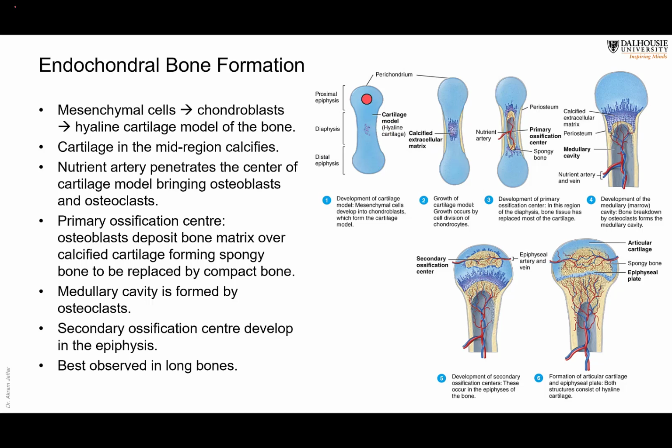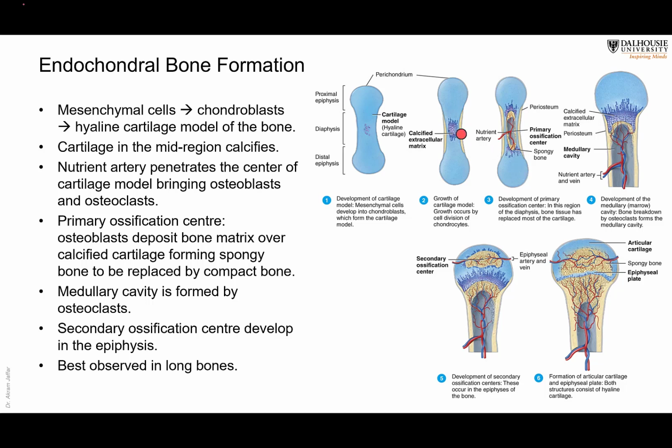It's a cartilage, so it doesn't need blood supply, but it will be invaded by a blood vessel, the nutrient artery, and this is to calcify the cartilage, to lay down calcified tissue, and then it will bring the osteoprogenitor cells and will change the cartilage into bone.